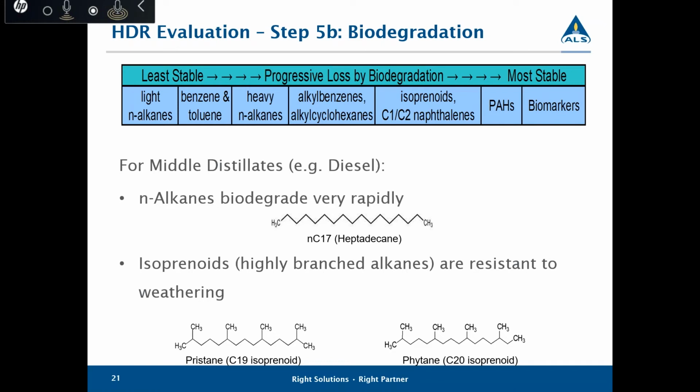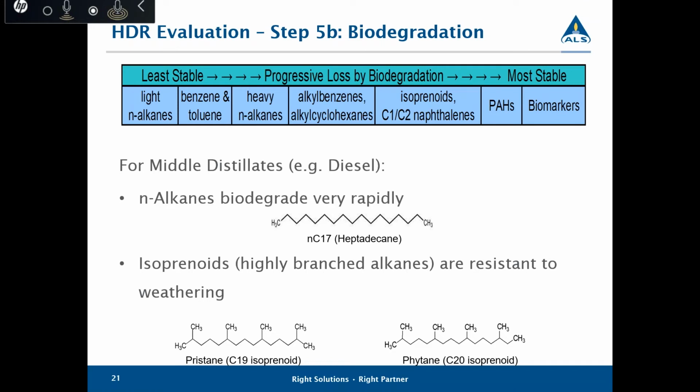So the chain length, the branching, the rings. So as the complexity of the molecule increases, the rate of biodegradation decreases. So it's harder for the microbes to break down the longer chains of hydrocarbons or branched ones. So this information can be used to determine how weathered or how old a sample actually is.